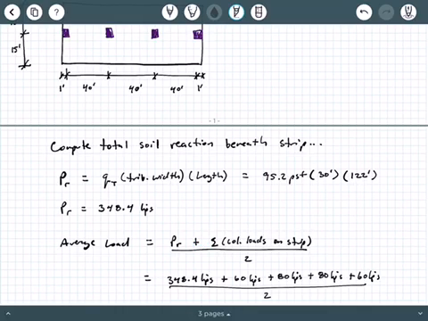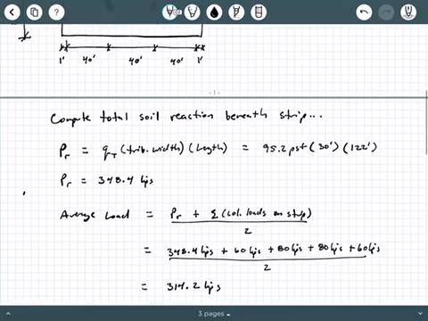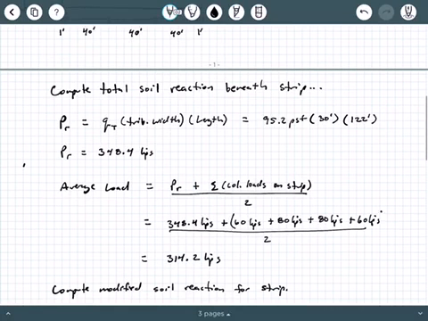One thing is the total soil reaction beneath the strip, and the second thing is the sum of the column loads on the strip. So it's treated as two separate things that you're adding together. Now, the sum of the column loads, of course, is however many columns you have there, but that's the reason why we divide by 2 and we don't divide by a different number, because it's really treated as an average between two entities, okay?